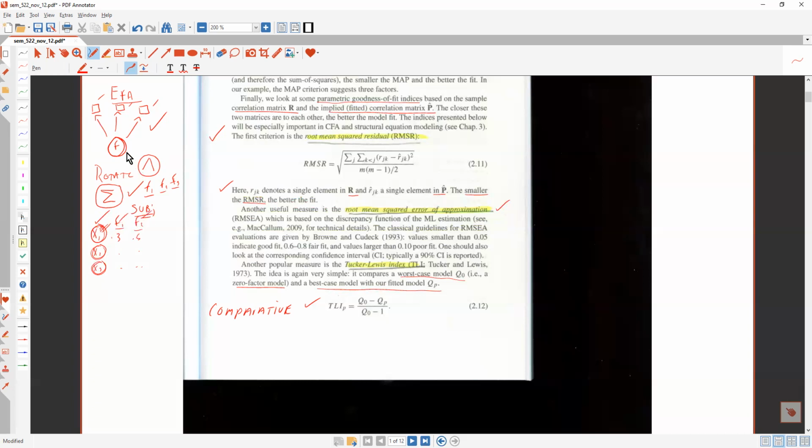Notice it's the factor that's pointing to the observed variable. So in this particular sense, it's almost like this is a dependent variable and this is an independent variable. Now we normally don't think about it that way.